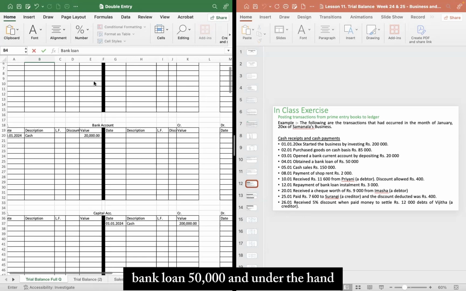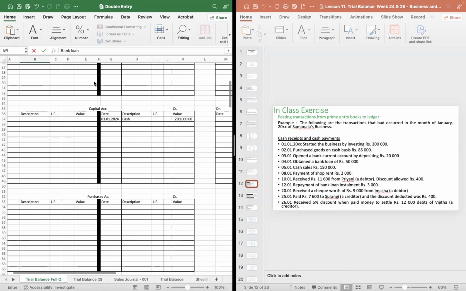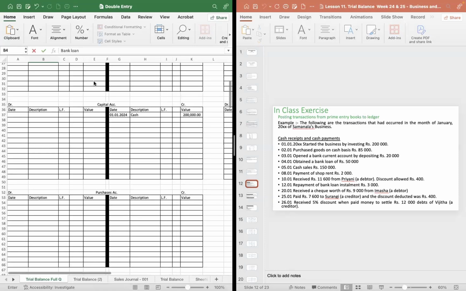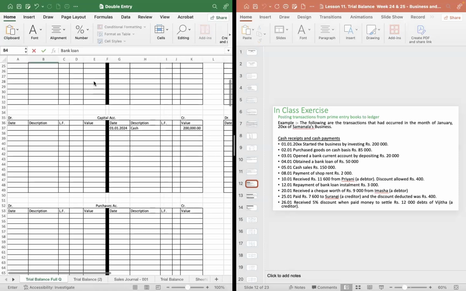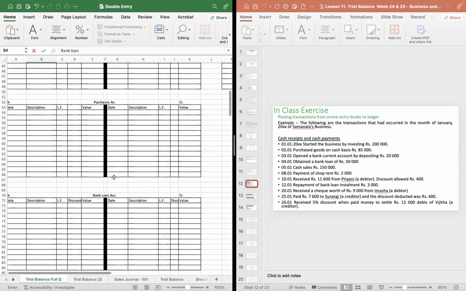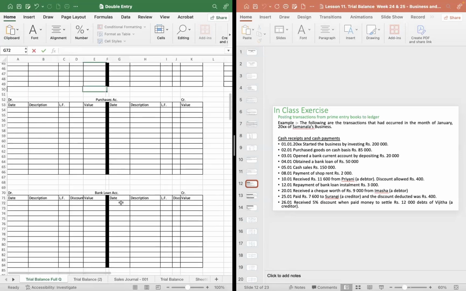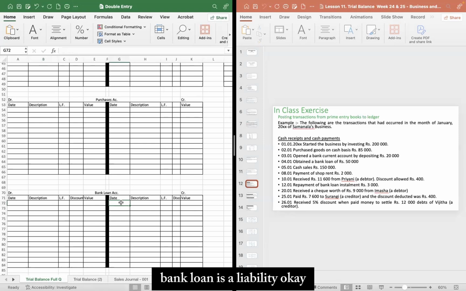Bank loan 50,000, and on the other hand, bank loan is a liability. You have to pass the double entry.